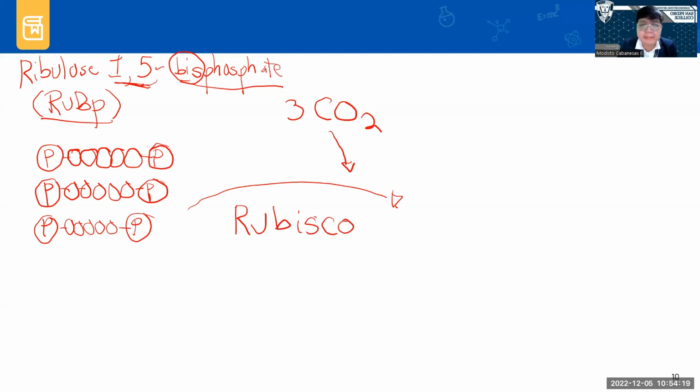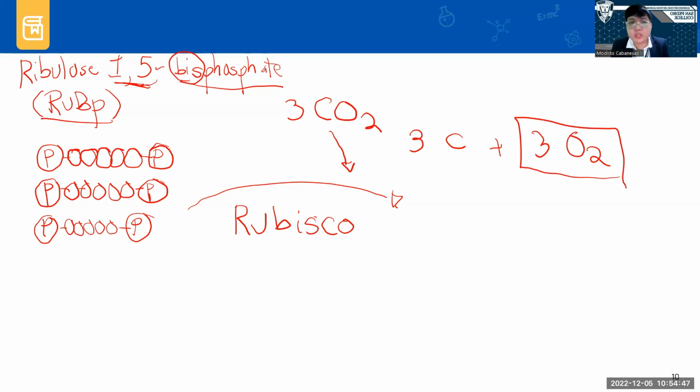So that's the enzyme na mag-facilitate doon sa carbon fixation process. Okay? So ngayon, tatanggalin natin or i-separate natin yung carbon tsaka yung oxygen. So we will now have 3 carbon plus 3 O2. Tama? The 3 O2 will go out as a waste, since they don't need oxygen for this process, they only need the carbon.